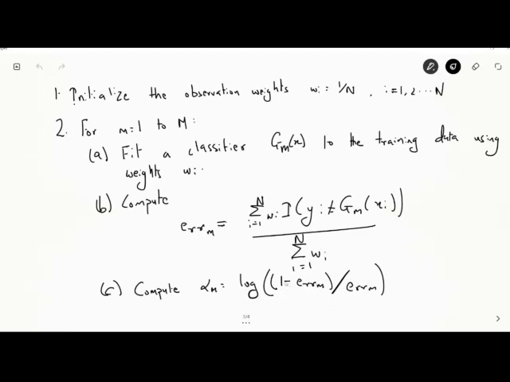So that means this entire thing would be a positive quantity, which means that particular classifier would have a positive influence. (1 minus the error) by the error is greater than 1 only when the error is less than half, which is better than a coin flip. I beg your pardon.